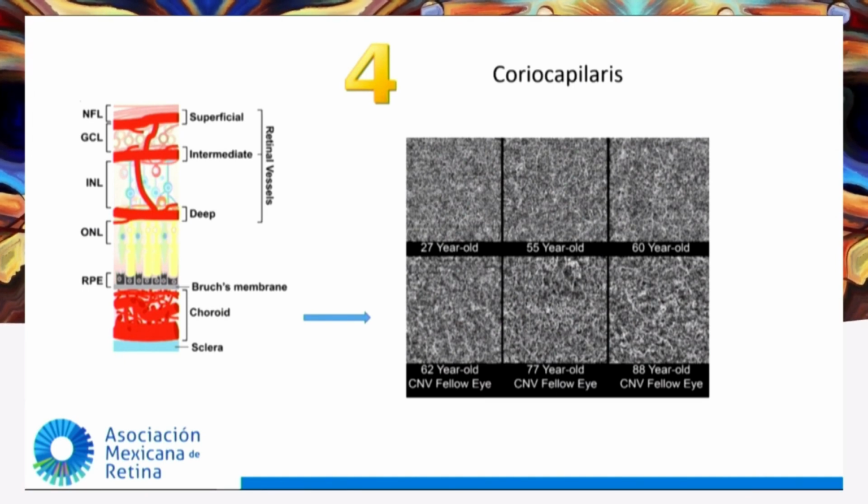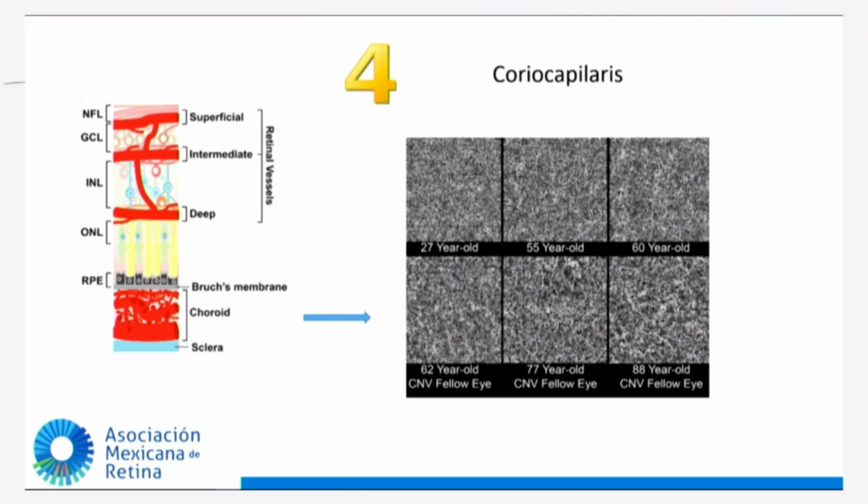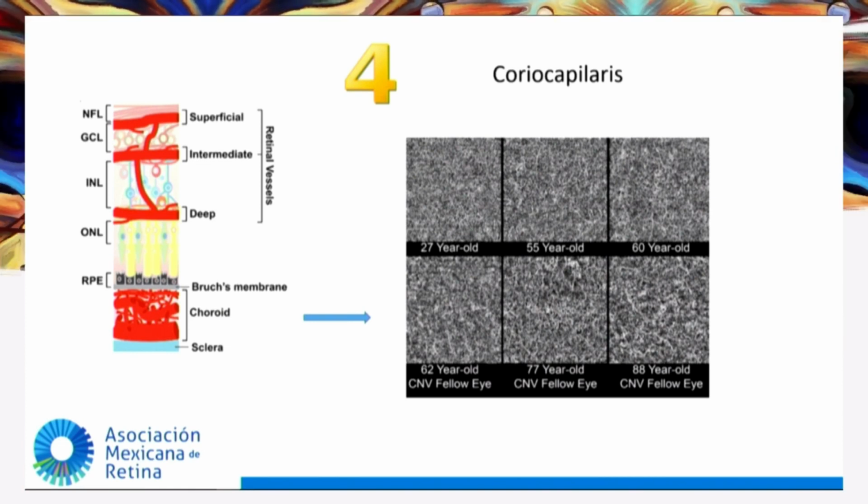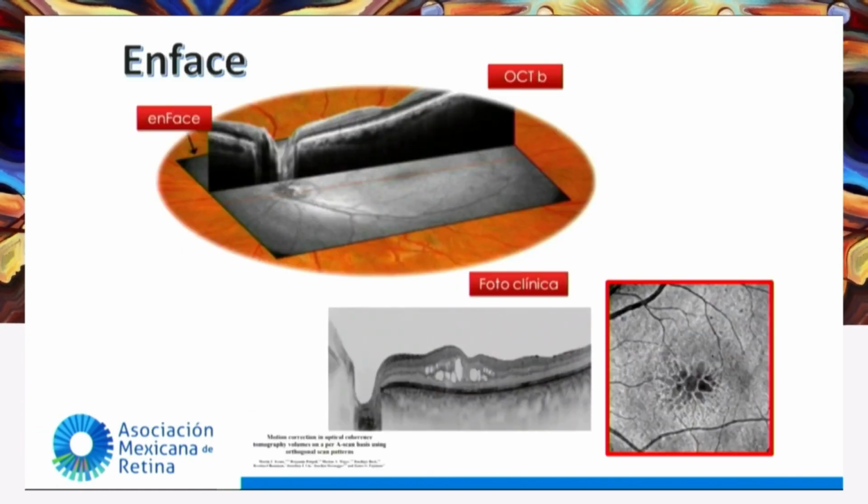And then the choriocapillaris, where we can move the arrow further down, but the choriocapillaris allows us to see the more superficial part of the choroids. There's a granular aspect, and as we grow old, it gets atrophied, and we get to see a thicker and thicker choriocapillaris as time goes by. We also have to understand the famous en face.